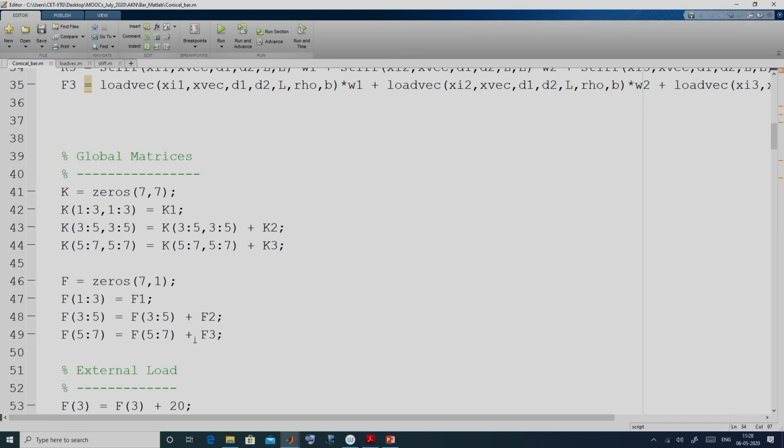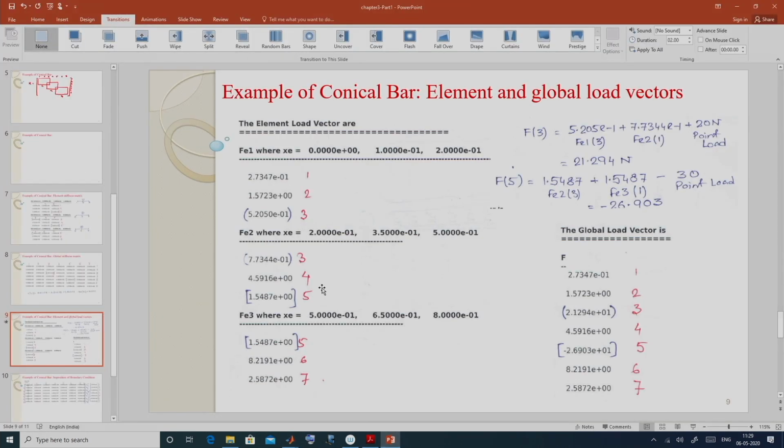So, here again we make a 0 vector of size 7 comma 1 for initializing the force vector, then we directly assign F1 to the 0 vector in the locations 1 to 3, that is the global position for load vector F1. For load vector F2, the global degrees of freedom are 3, 4, 5.